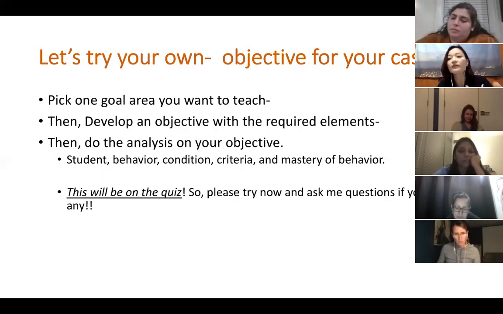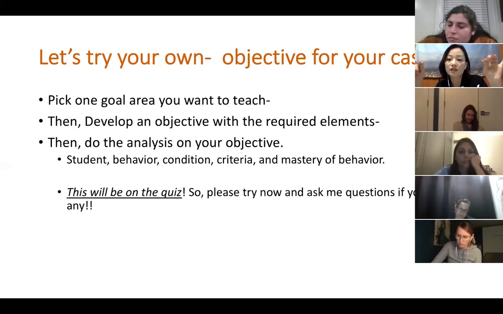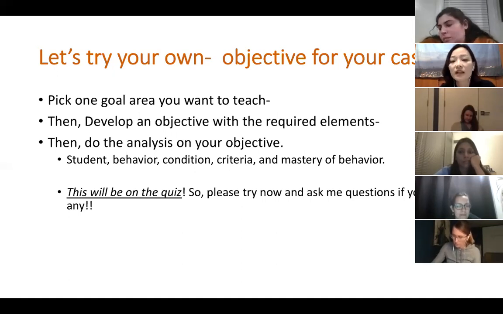It will be on your quiz for today after this lecture, so write down one objective by yourself and use your color pen to make sure you have everything. I'll give it 2 minutes. It will be really hard if this is your first time developing an objective, but that's okay. Let's try.